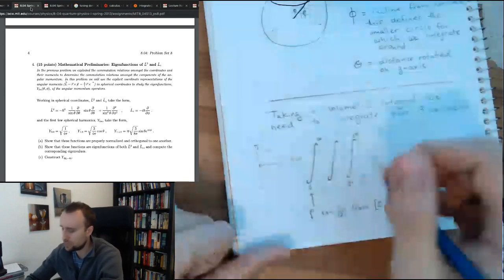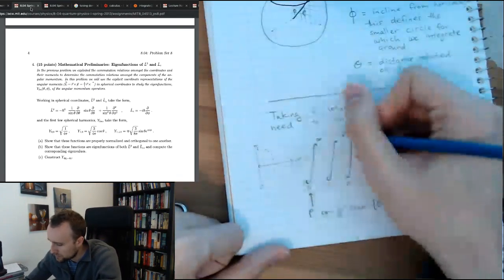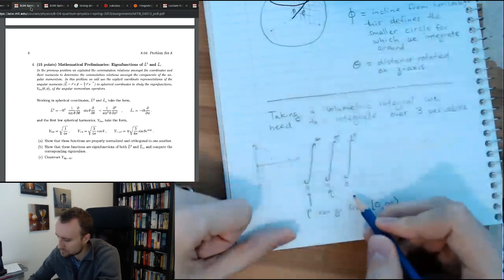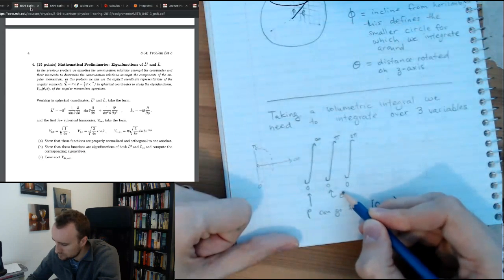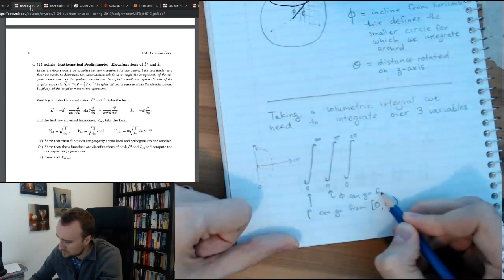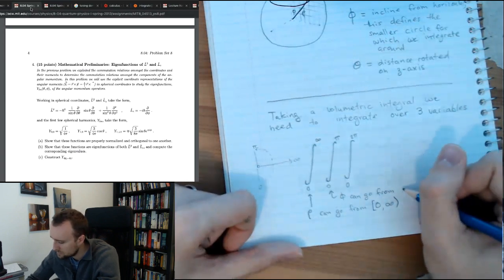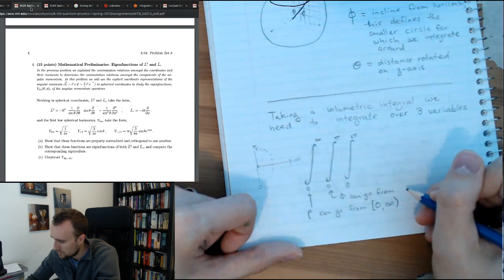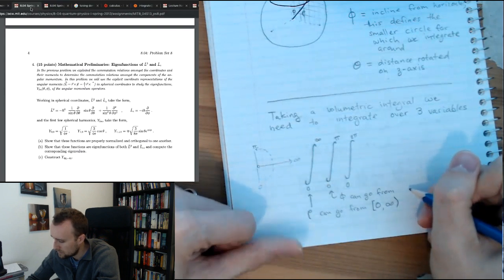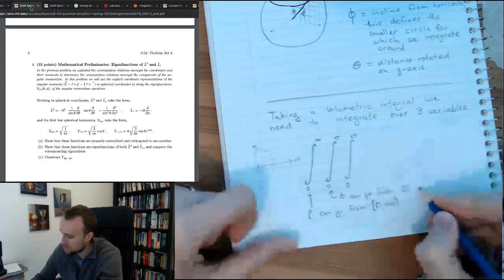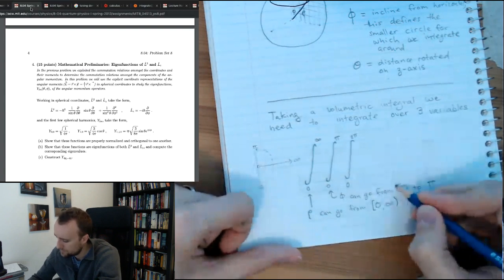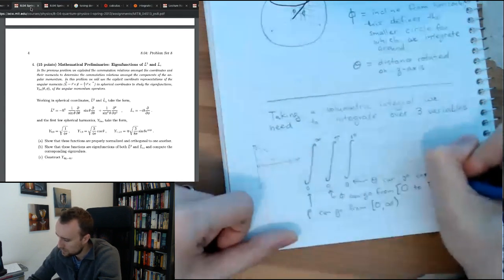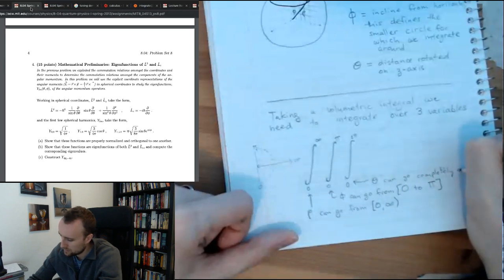And then this one, I think we want to go from 0 to pi. 0 to pi, and our theta goes completely around.